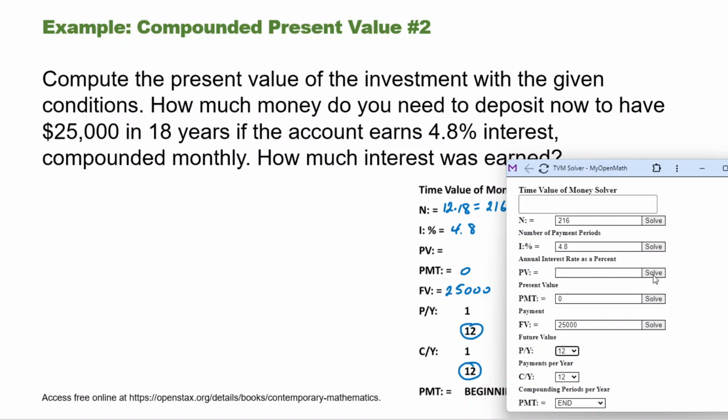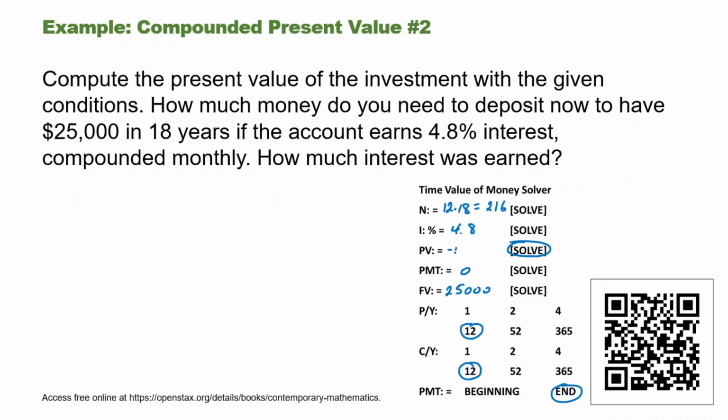Under present value, I will click the button that says solve. And that value is negative $10,555. Which means, how much money do you need to deposit now? That present value is positive $10,555.